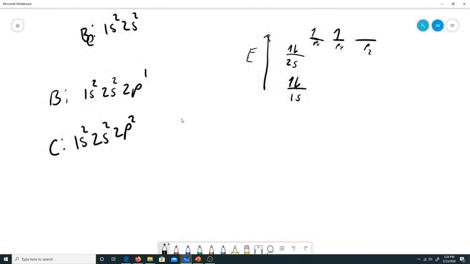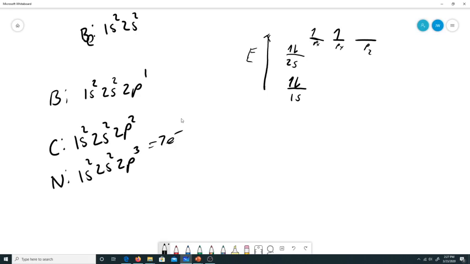We have N, 1s2, 2s2, 2p3. Now, something I should mention here, if we were to add up the sum of these superscripts, that's the number of electrons we have total. So 2 plus 2 plus 3 is equal to 7 electrons, and that's how many electrons nitrogen has total.